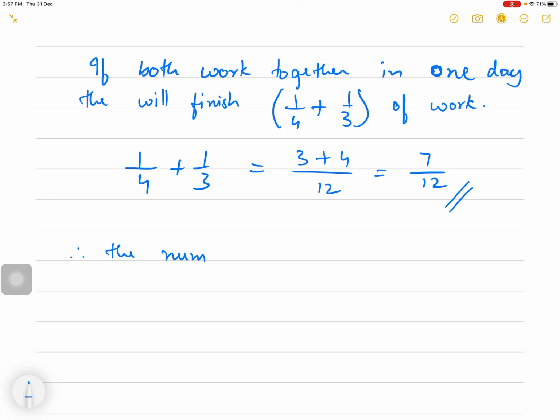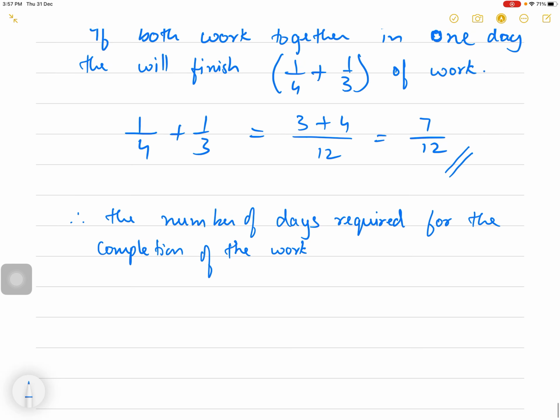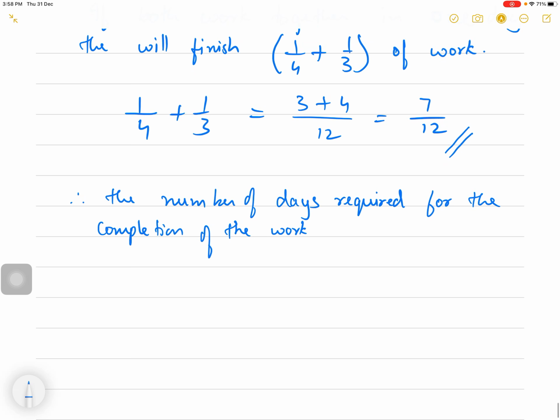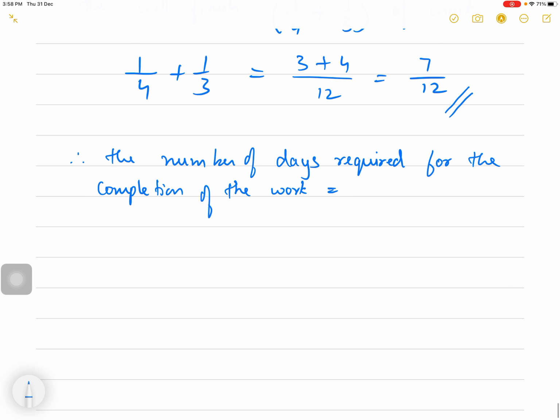Therefore, the number of days required for the completion of the work is equal to the cross multiplication.